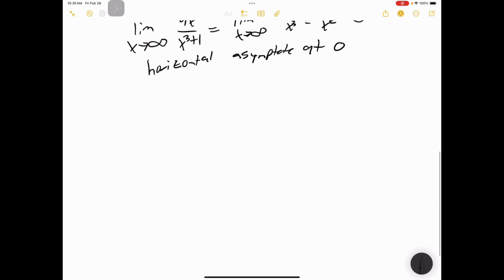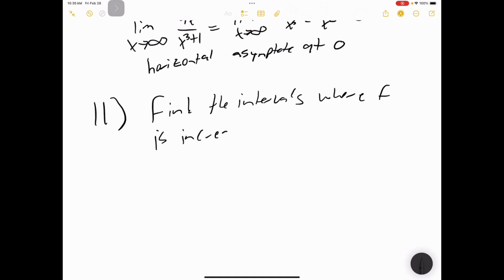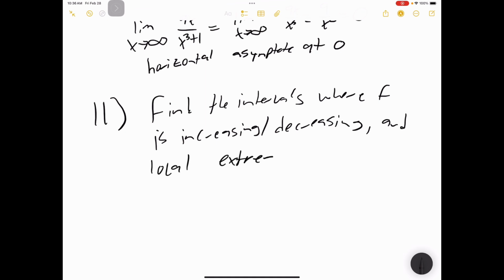Let's go on to point number 2, which is we can find the intervals where f is increasing or decreasing and local extrema using, hopefully we all know what we're going to use to find where we're increasing, decreasing, and local extrema, the first derivative.